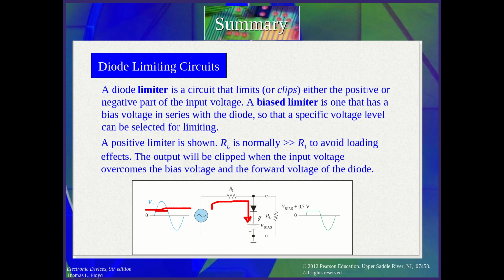We add another source here, but this is an AC source, and this is a DC source. The DC source is on the positive side, so positive negative positive negative, so the summation here will be V bias plus 0.7. This is the cutoff voltage. I don't want any further voltage. For example, this is a limiting circuit.